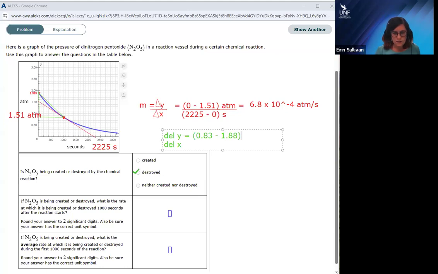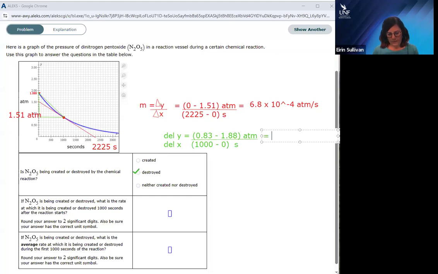1.88, and then divide that by, on the bottom, 1,000 minus 0. So whatever that comes out to be, and that's going to be in atmospheres per second again. Let me draw something useful, and ask my calculator to tell me what is up.